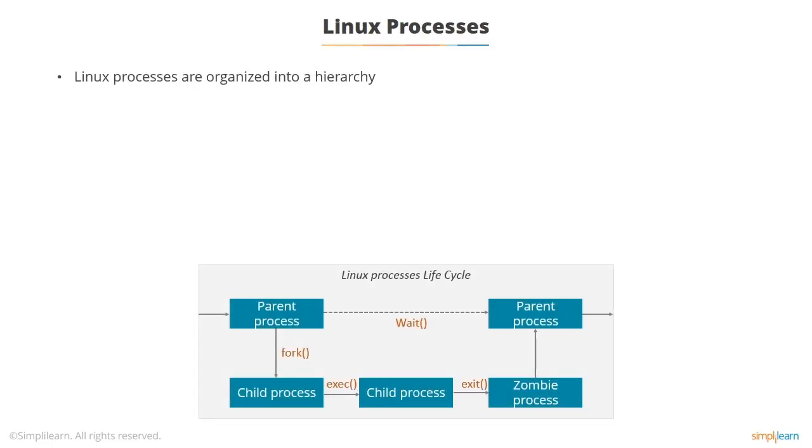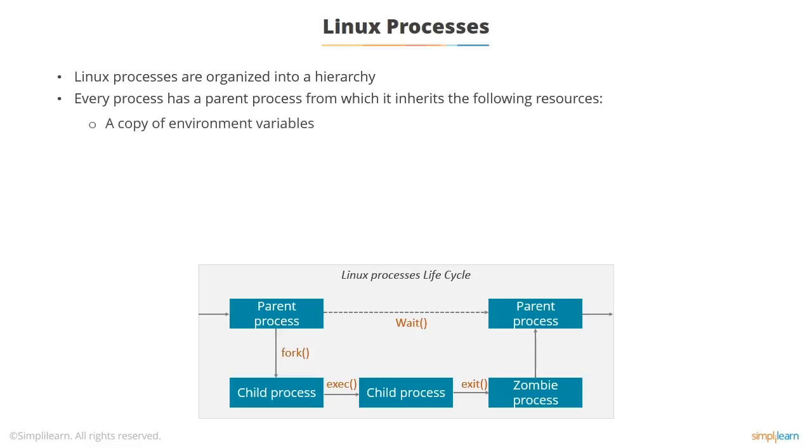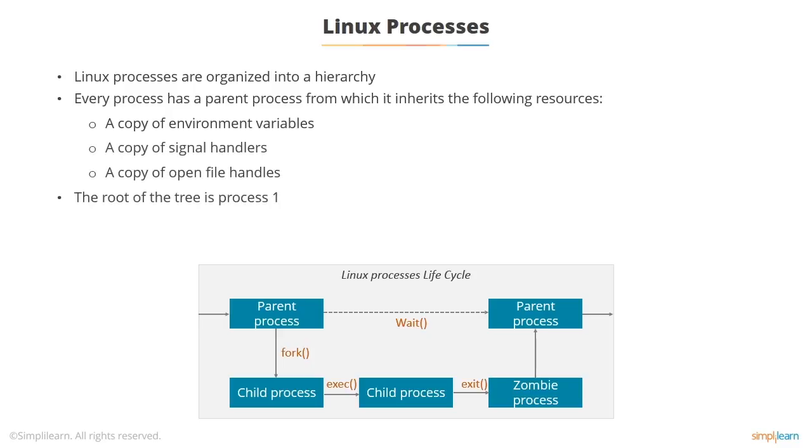So, just as an aside about Linux processes, or Unix processes, nothing much different there. Linux processes are hierarchical. Every process has a parent process, and when a child process is created, it gets a copy of its parent's environment variables, signal handlers, and open file handles. The root of the tree is process number 1 always.